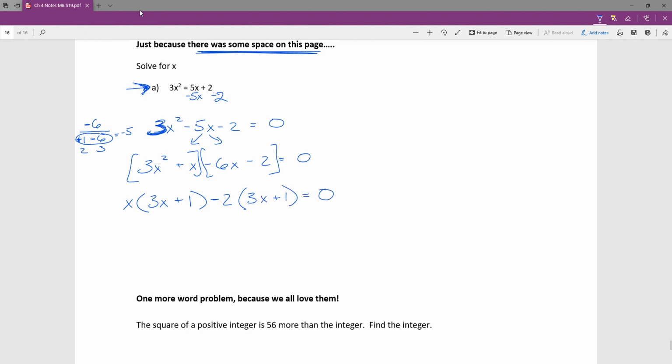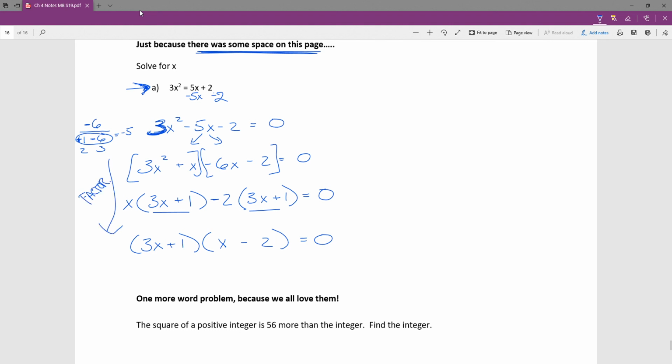So now that I have it factored by grouping, I see that I've got a common binomial factor, so write that out the front and fill the brackets up with what's left over when I divide that out, so an x minus 2.